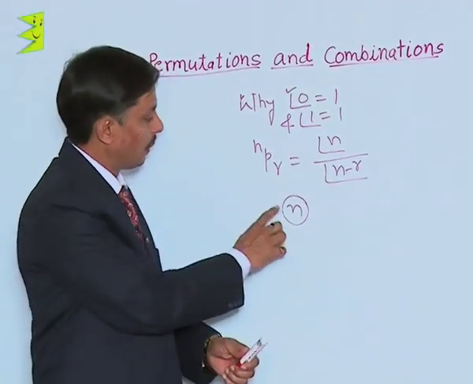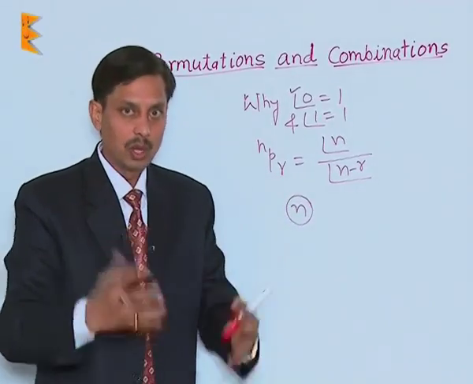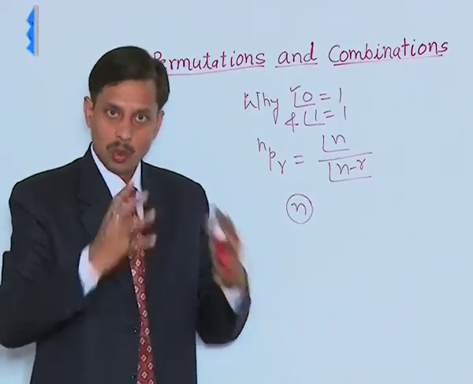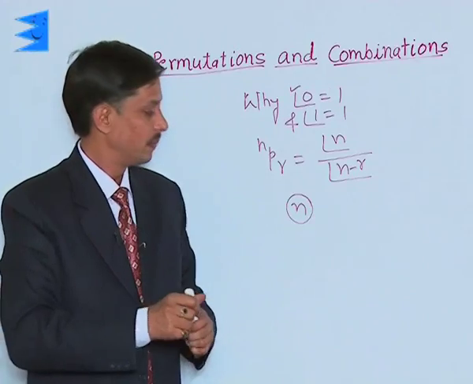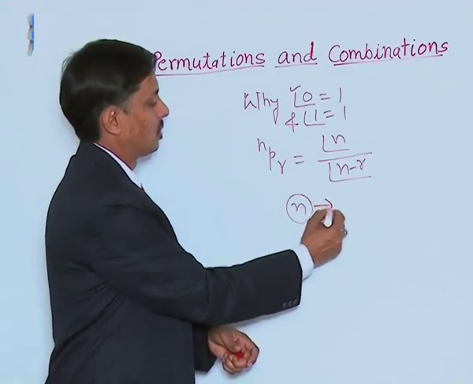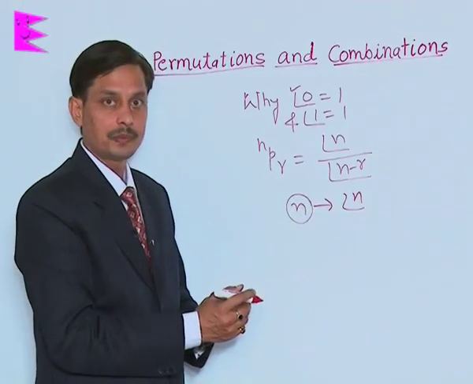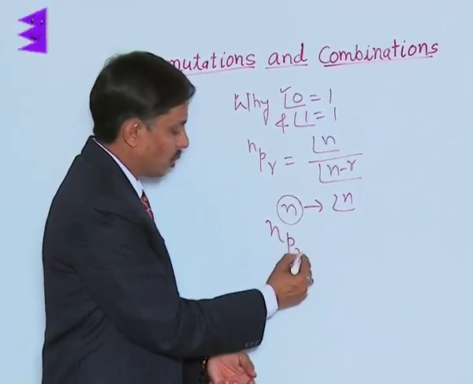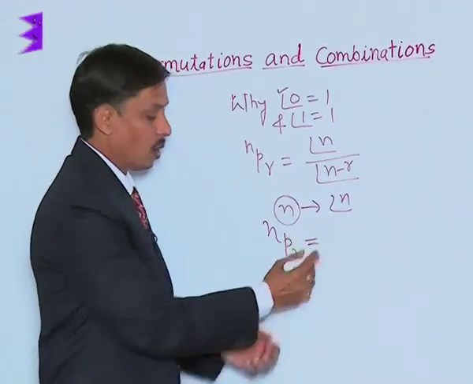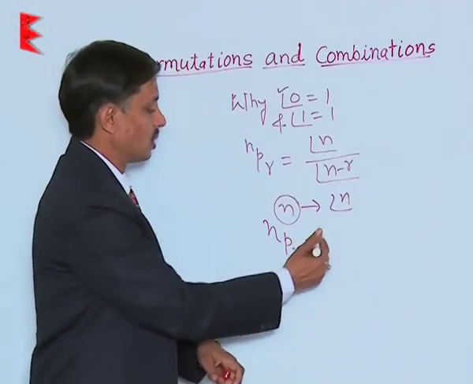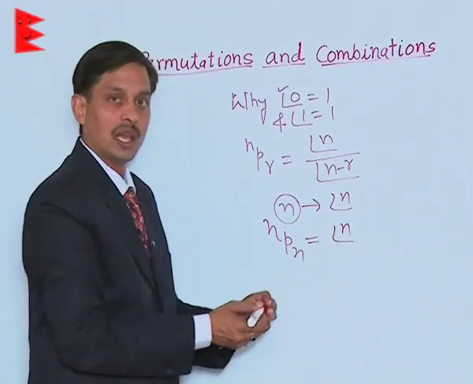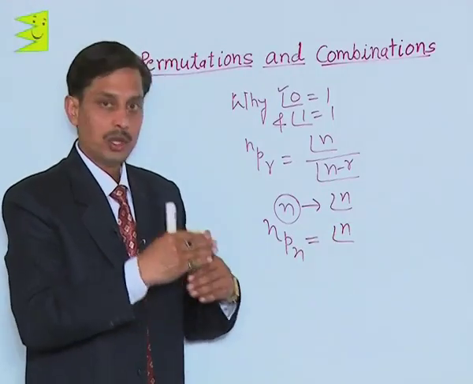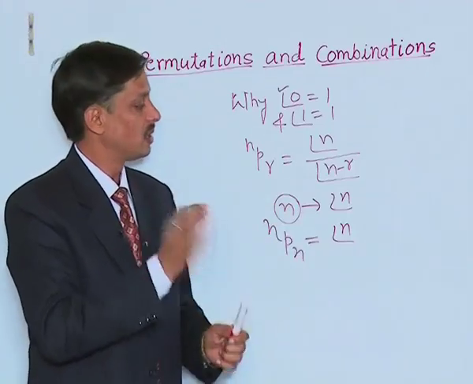So if you have n objects and out of the available n objects you want to opt for all in different orders, then the total number of arrangements is factorial n. Out of n available objects you want to take all, but order matters, so the answer is factorial n. If you want to arrange 10 items in a row, taking 10 out of 10, the answer is factorial 10.